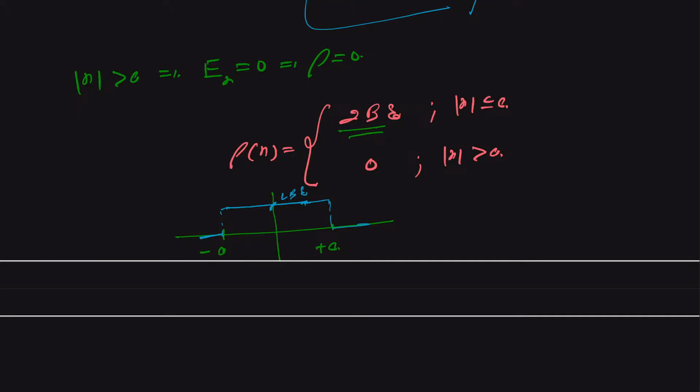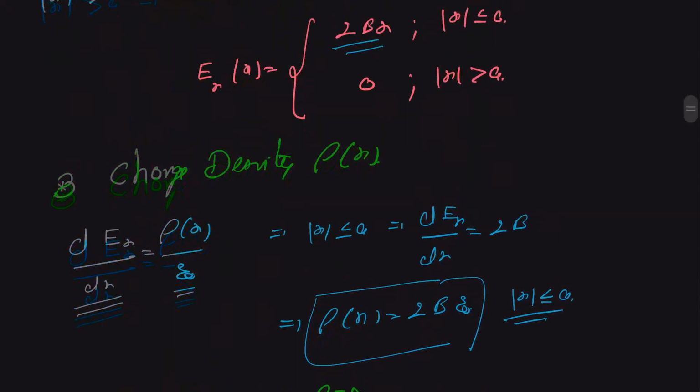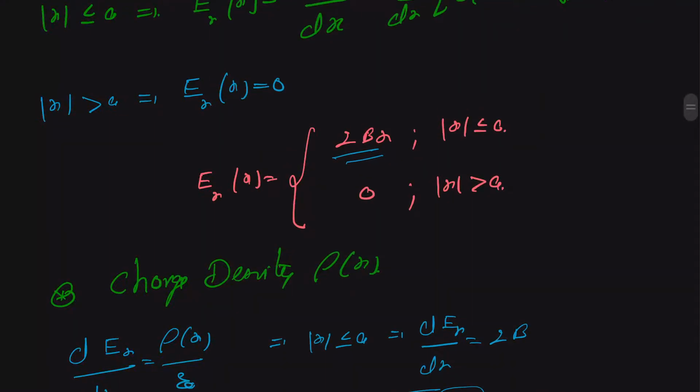So this way we can plot, and we can also plot the electric field. It is directly, you can say, linear, so it will be a straight line passing through the origin, negative at minus a, positive at plus a, and it will be 0 outside.